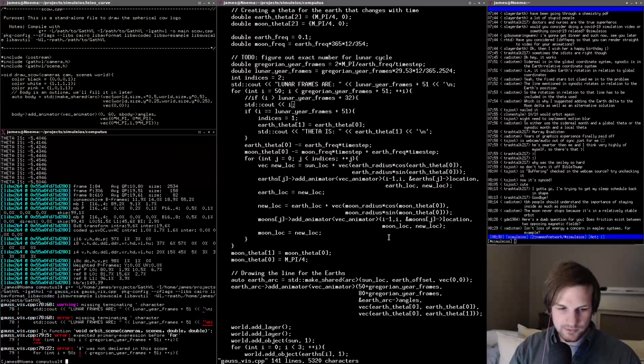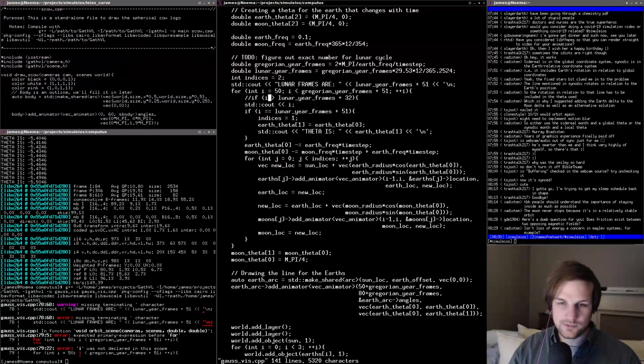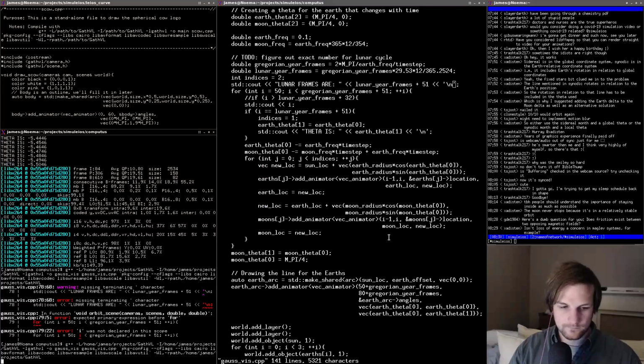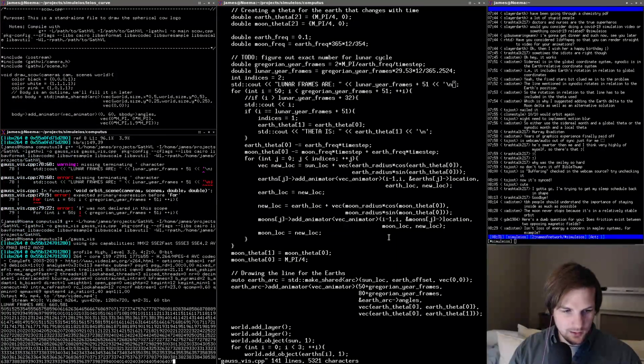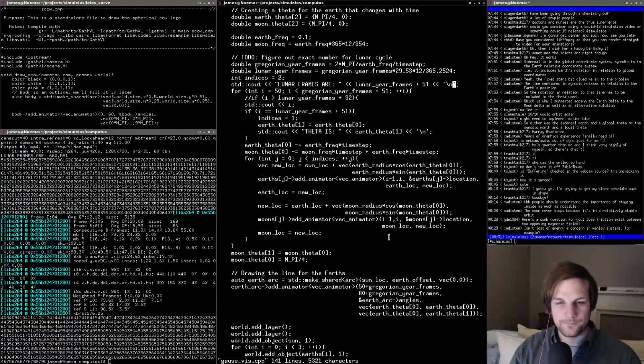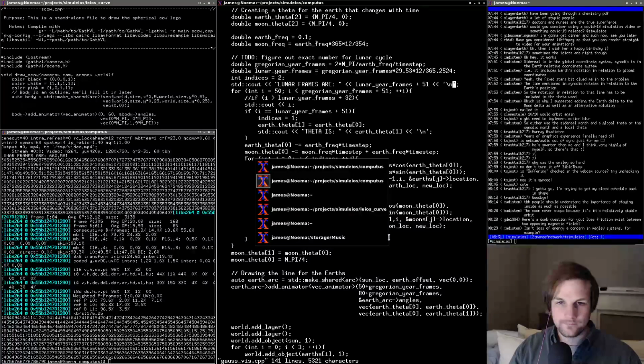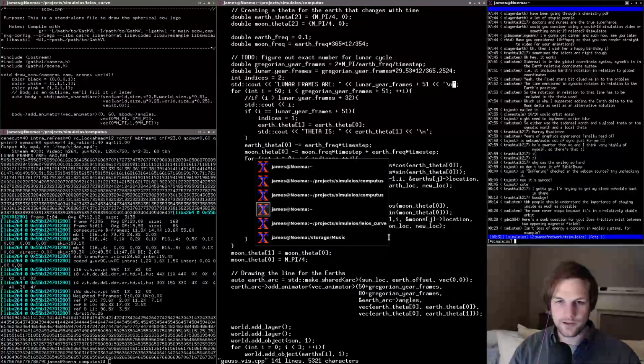So we'll do g++. Lunar frames are... okay, right. Okay, Gauss visualization. Lunar frames are 660.581. Oh, I understand now. Right. Yep, I got it.